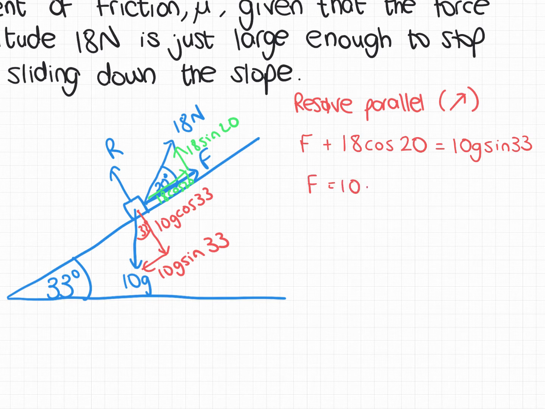F will simply be 10g sine 33 minus 18 cos 20. And if I put that into my calculator, F's coming out being 36.46 newtons roughly.